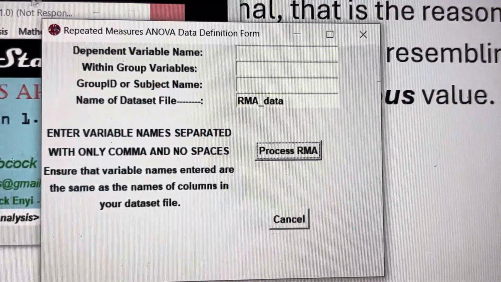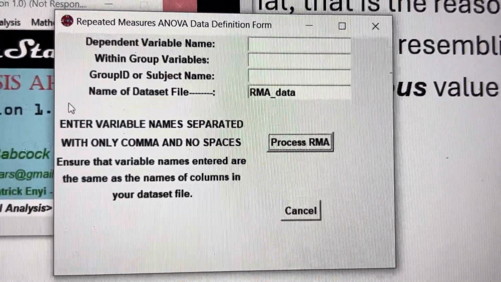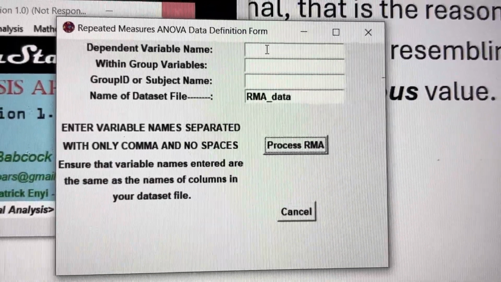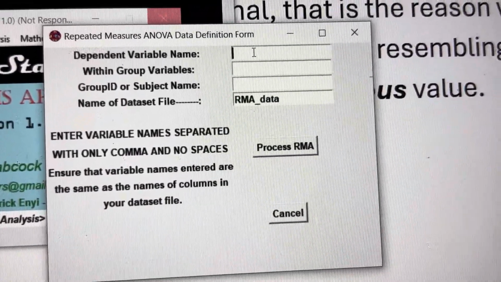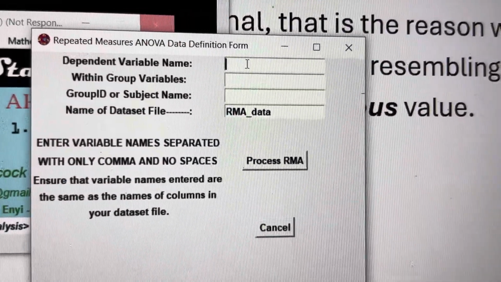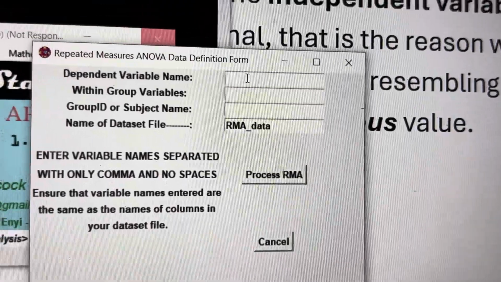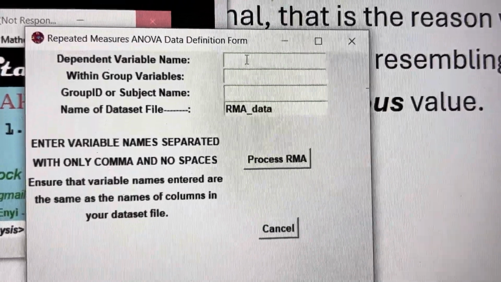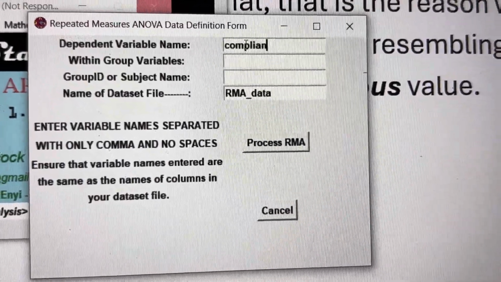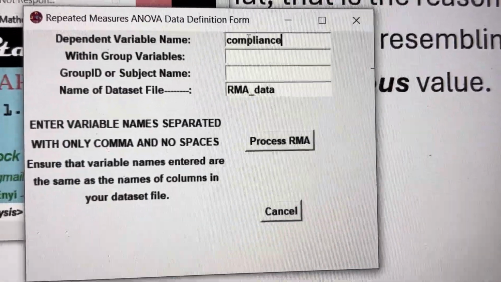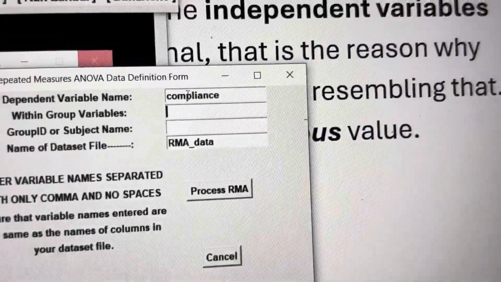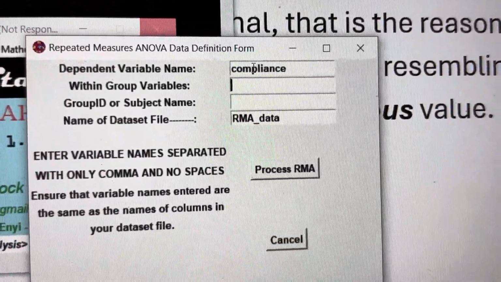Yeah, so now with the form out, we can now define it. In that particular data set, the dependent variable is called compliance. And then the independent variables that we want to test is incentives.